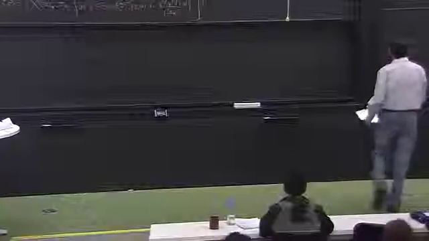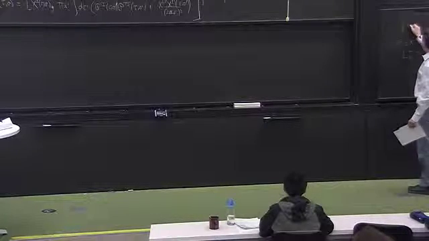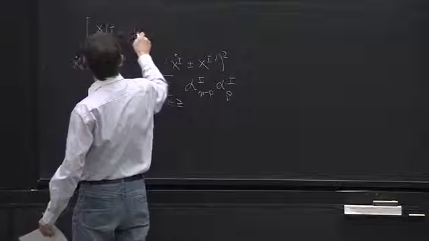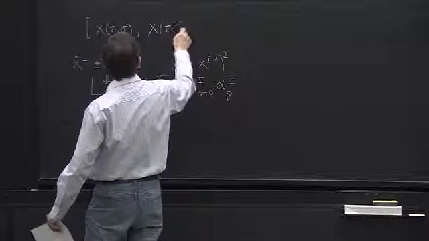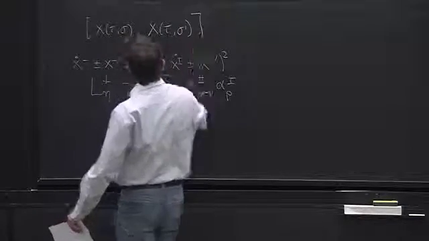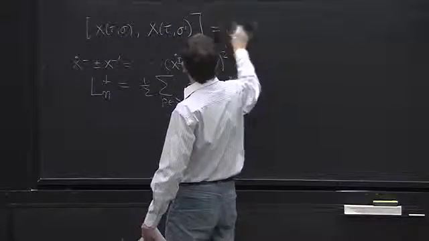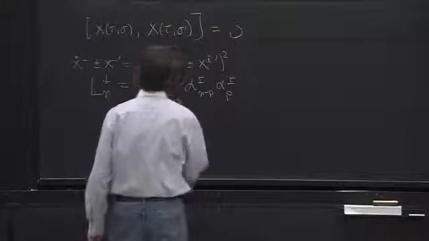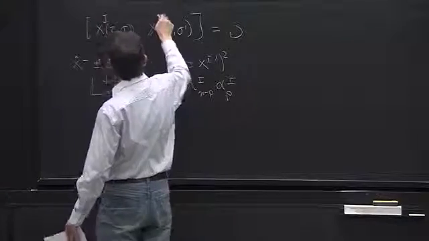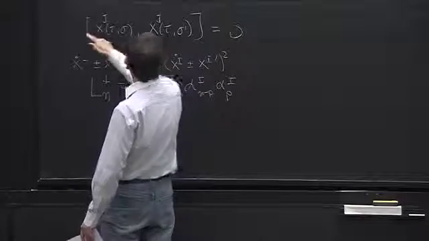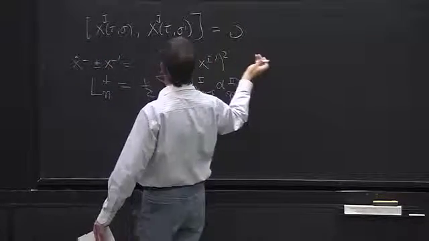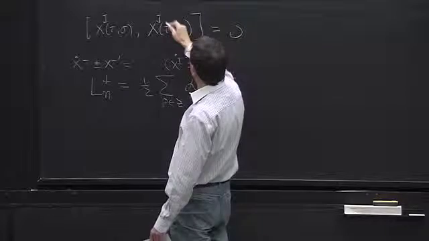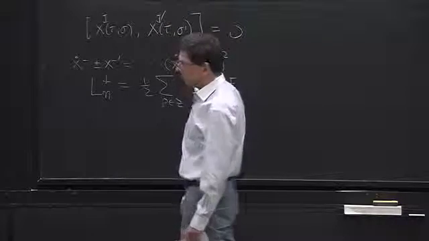For example, we know that X of tau and sigma and X of tau and sigma prime commute, because we said all others are 0, so an X and an X commute. Therefore, you can take this equation and take a sigma derivative or a sigma prime derivative, so this is still 0.